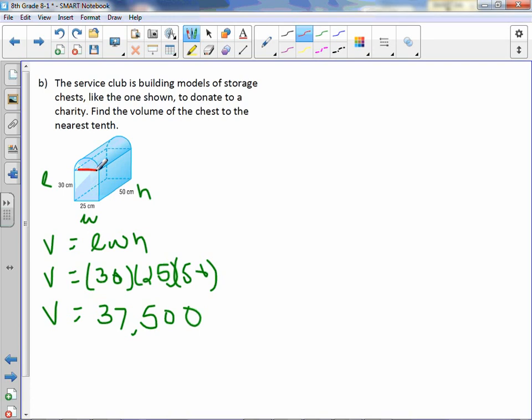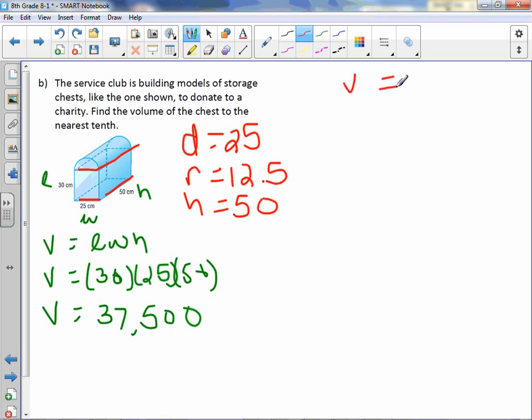Now for the half a cylinder. Here we have a diameter of 25. So if the diameter is 25, I know the radius is half of that, so 12.5. And the height of it is 50. Volume equals pi r squared h.